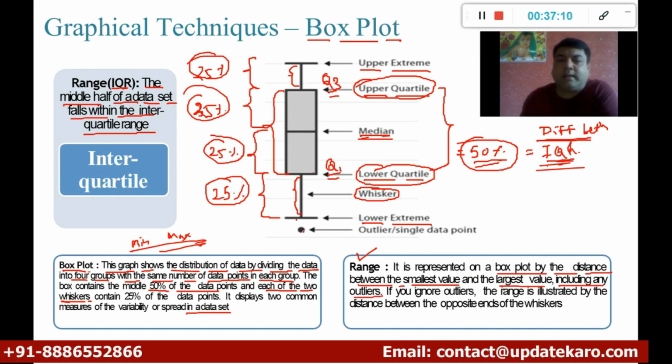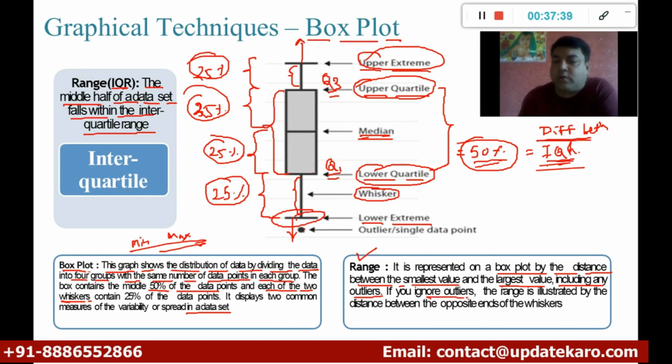An outlier can be below the lower extreme or above the upper extreme as well. I am going to explain this in Excel so that you get a better understanding. If I take the outliers into consideration, then that becomes my range.